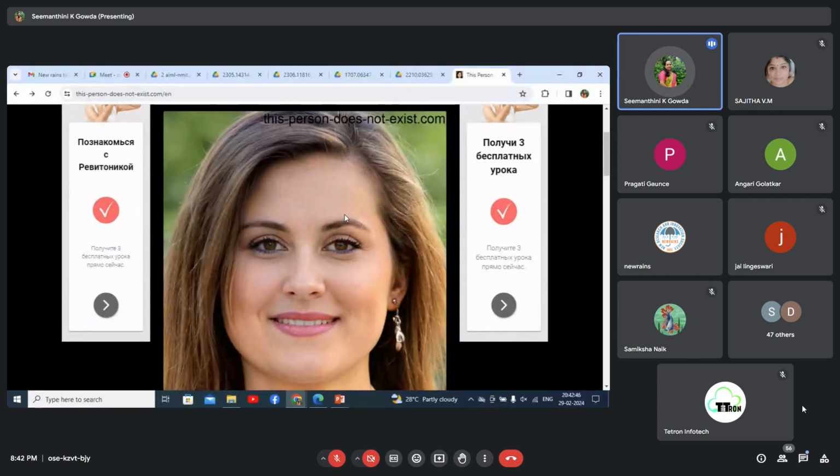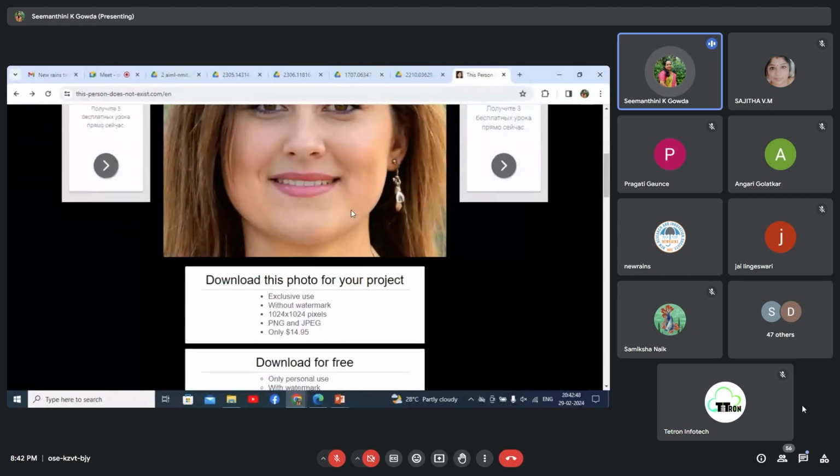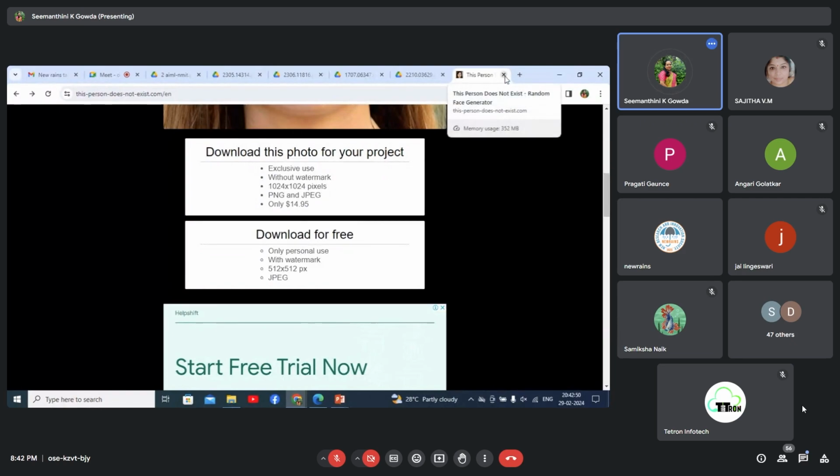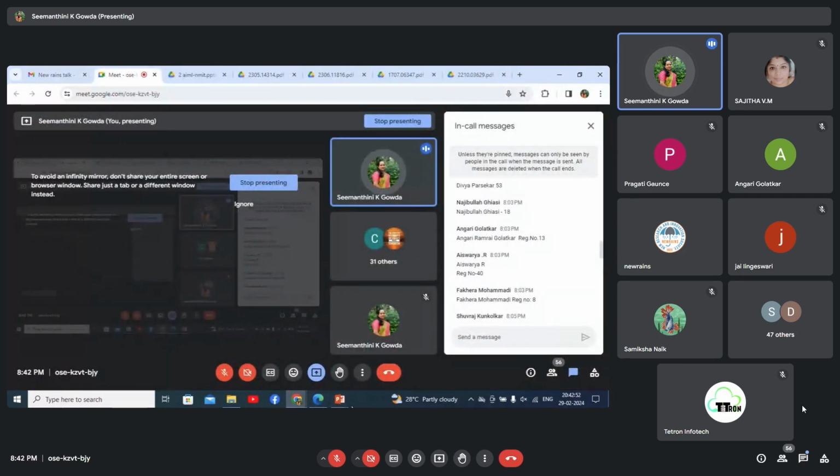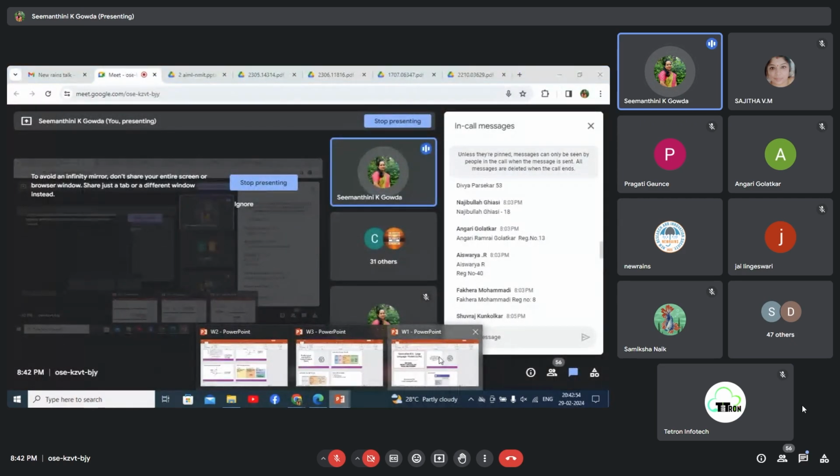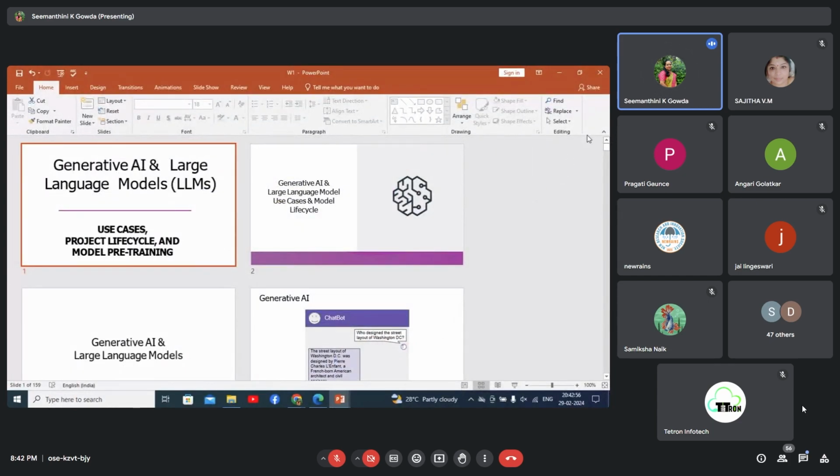Wherever you find a "this person doesn't exist" type of site, with the help of generative AI we are able to generate data, or come up with new data. That is what we are going to do using the concepts of generative AI. How does generative AI play a very important role in current technology?